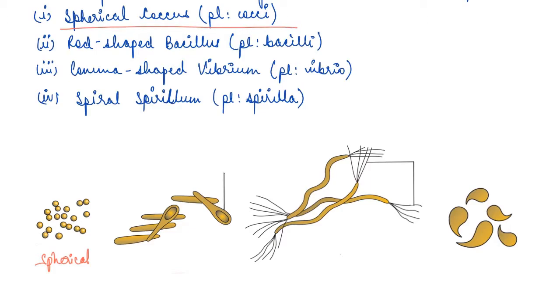Then the second one is rod shaped. These are bacilli. They are rod shaped and they bear spores as well. The third one is spiral in shape, as you can see here.